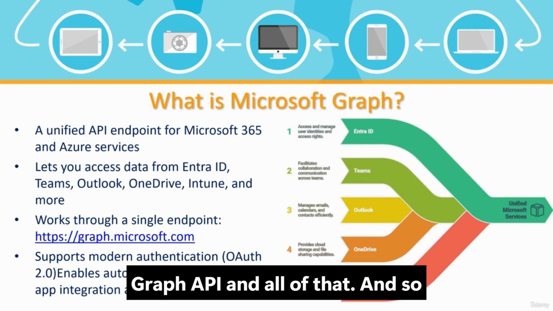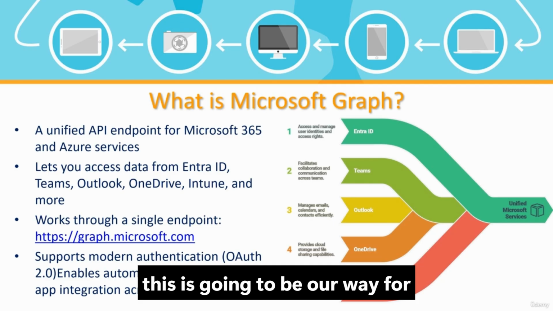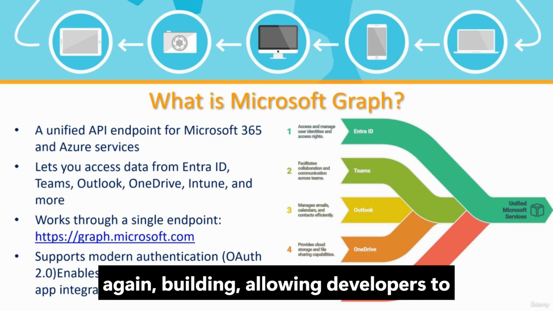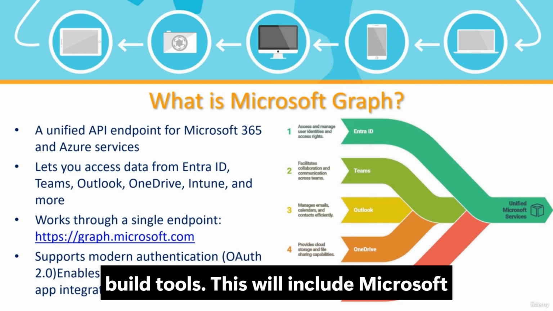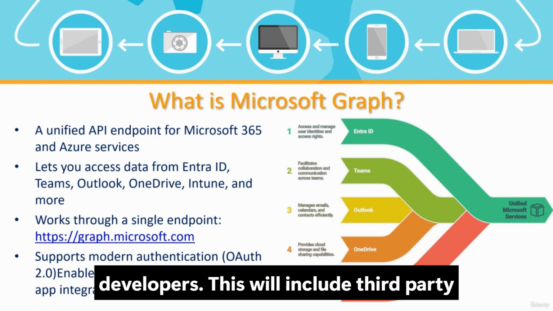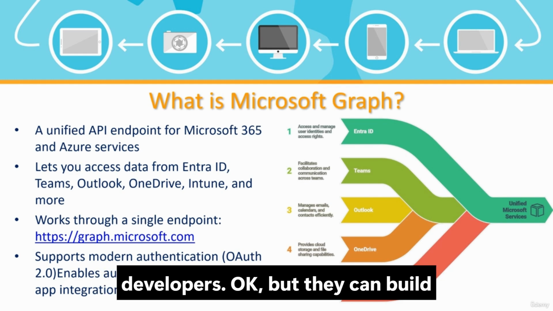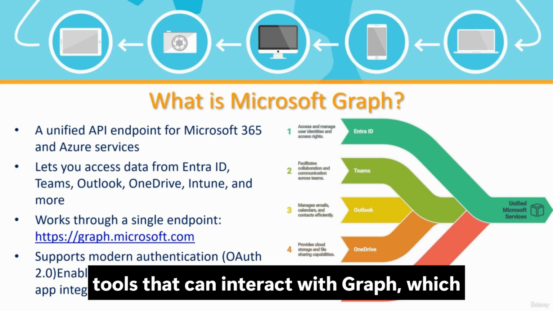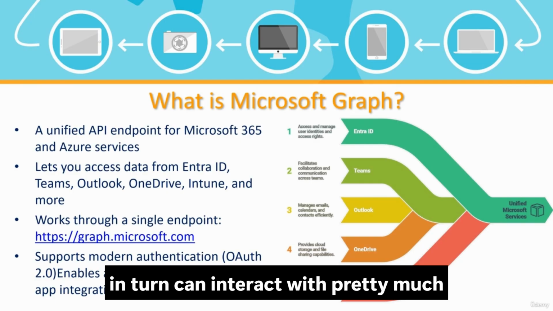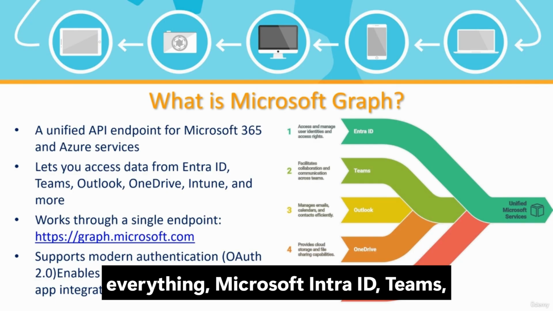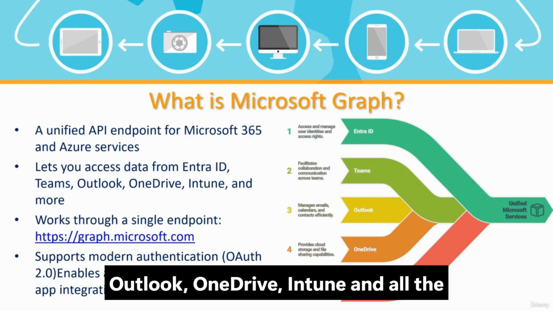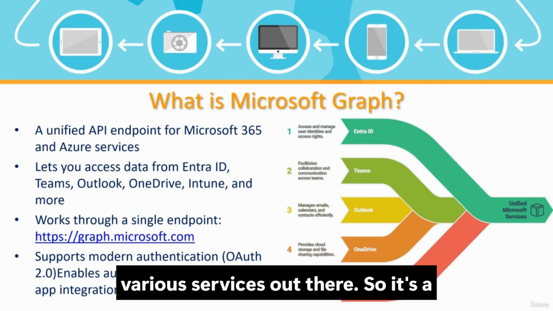And so this is going to be our way of allowing developers to build tools. This will include Microsoft developers and third-party developers, but they can build tools that can interact with Graph, which in turn can interact with pretty much everything: Microsoft Entra ID, Teams, Outlook, OneDrive, Intune, and all the various services out there. So it's a single endpoint.